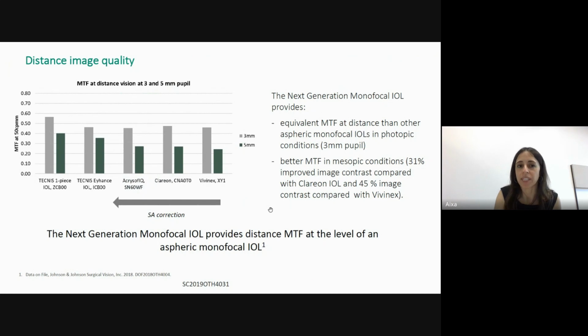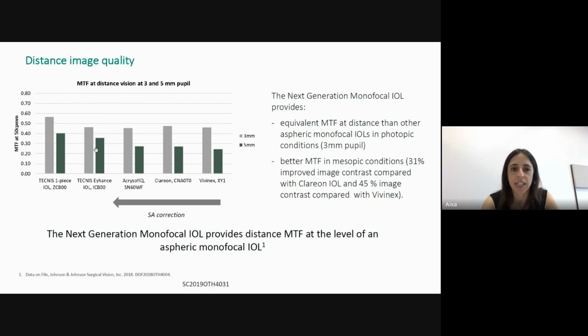This is what we can measure on the optical bench, the image quality we can predict from the optical bench. The MTF is very well correlated with the contrast sensitivity that the patient is going to have. We can measure, for example, at 3 millimeter, which tells us the image contrast in photopic light condition, and we can go to a larger pupil size of 5 millimeter to reproduce what happens in mesopic light condition.